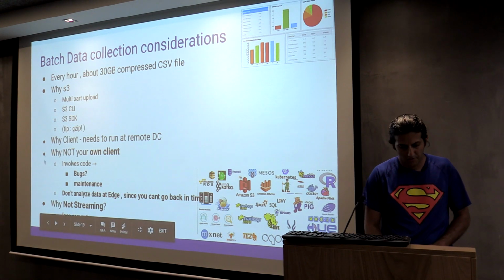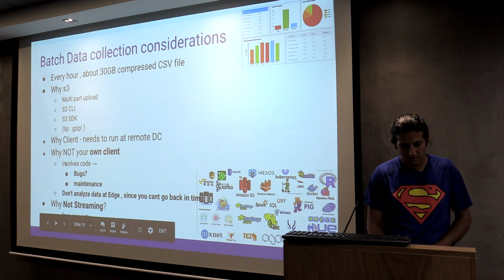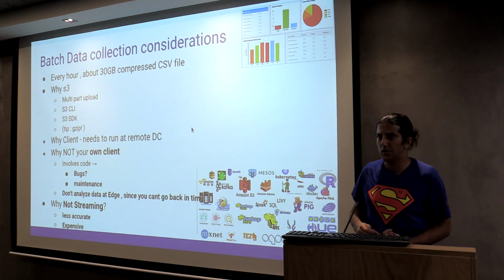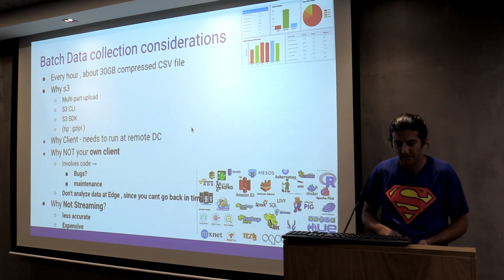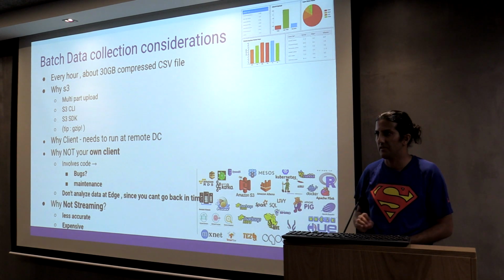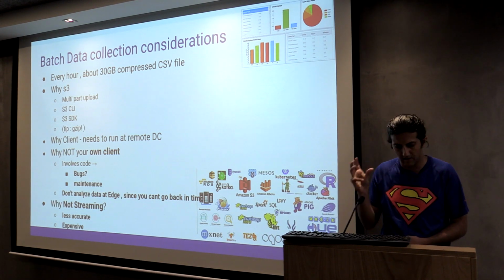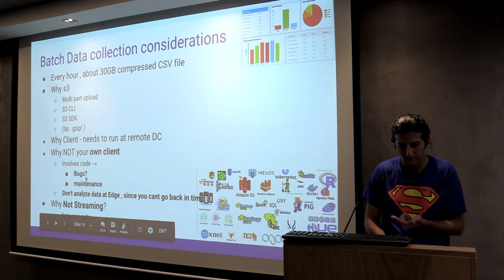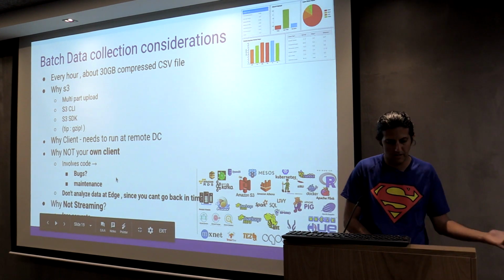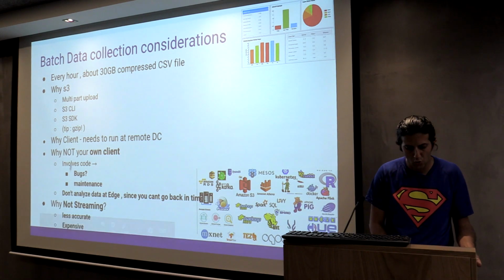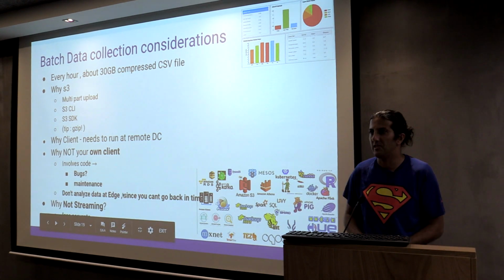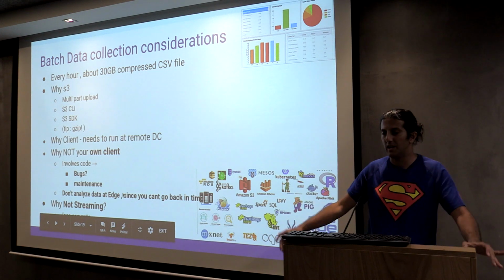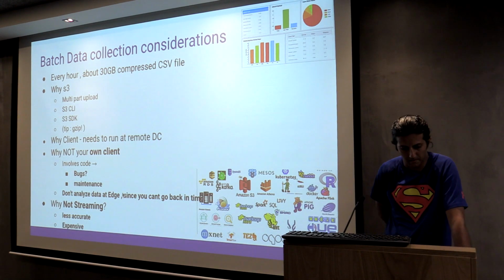But just for general information, it's not recommended to implement your own client unless you have some specific feature set you need to implement, and there's a lot of uncertainty around it. Because code usually implies bugs and maintenance, and you usually don't want to analyze things at the edge unless you have some regulation restriction.